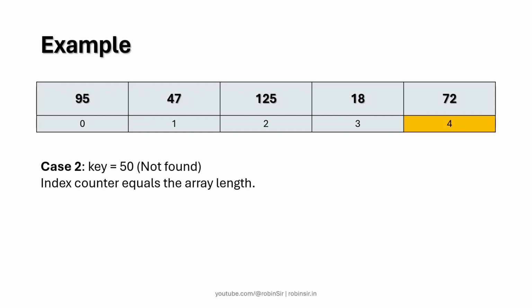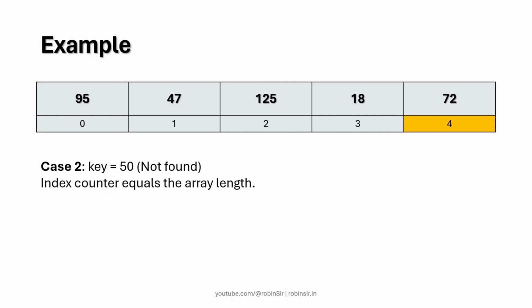Because as I told you in the beginning, each time we don't find the element at a particular index, the index counter increases by 1. So at the end, when index was 4, and at 4 also it didn't find, finally the index will be 5. And 5 is equal to the length of the array. If you see, the length of the array is also 5.